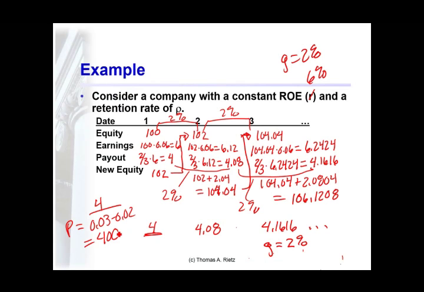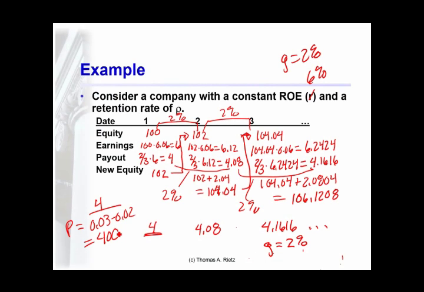Now, this creates a relationship between retention, earnings on equity, growth rates, next period's dividends, returns, growth, and prices.